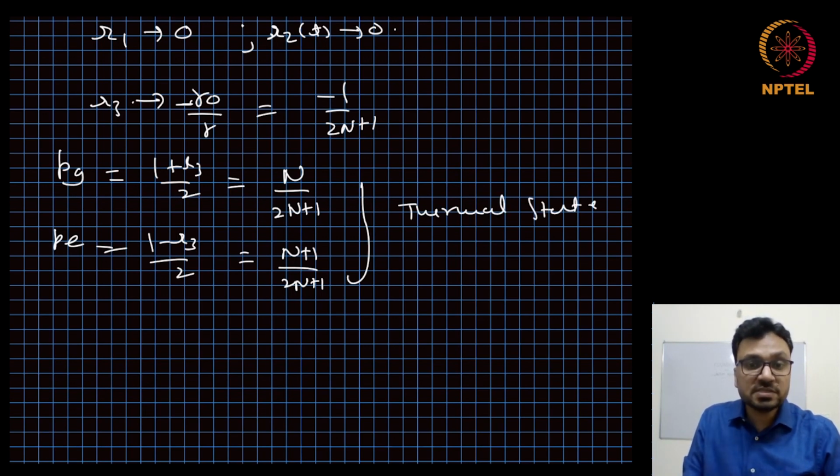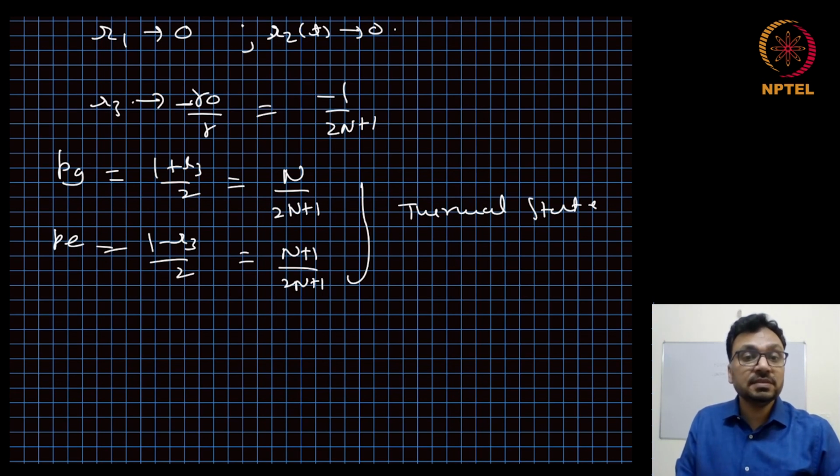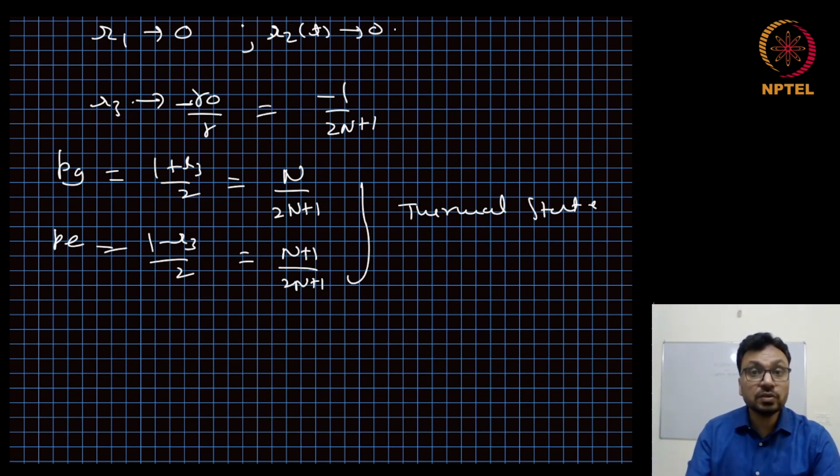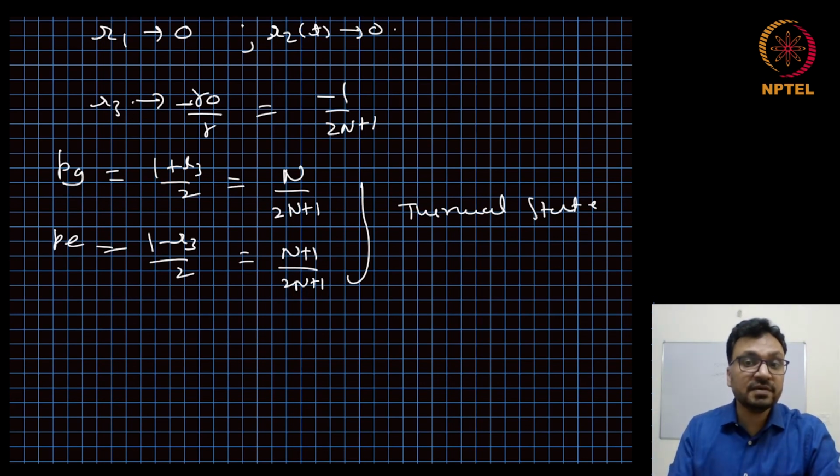So this solution shows that if a two-level system is interacting with the thermal bath, the final state of the two-level system is also a thermal state. In that way, we have shown how to solve a master equation and how to arrive at the thermal state, which we did earlier by assuming a thermal state and showing that it's a steady state.